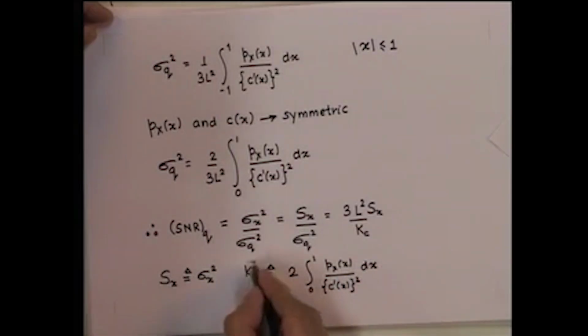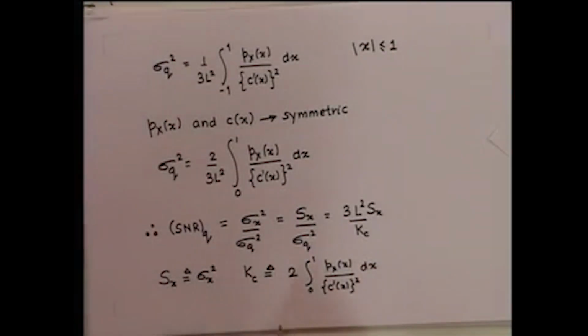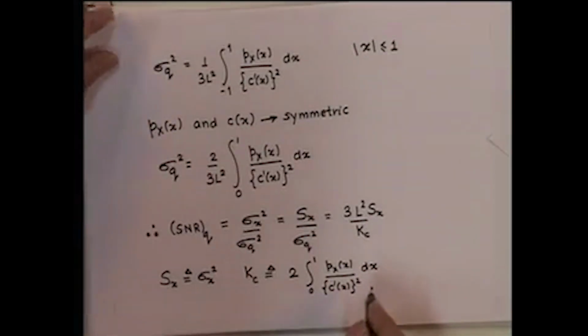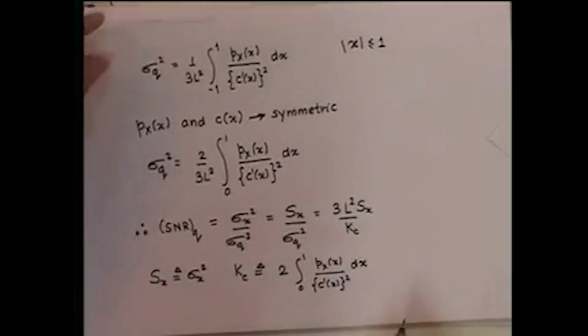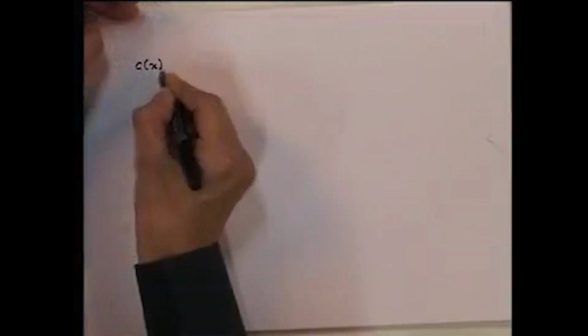So, this is a constant which is dependent on the compressor characteristic and the input PDF. So, in this case the popular mu law companding for voice telephony employs the following compressor characteristic.